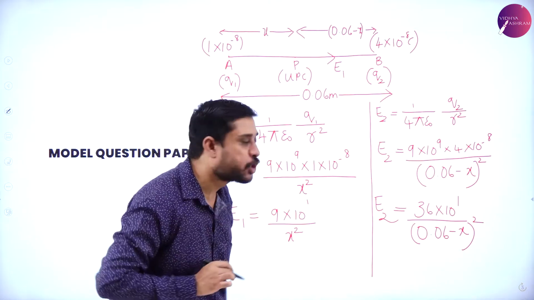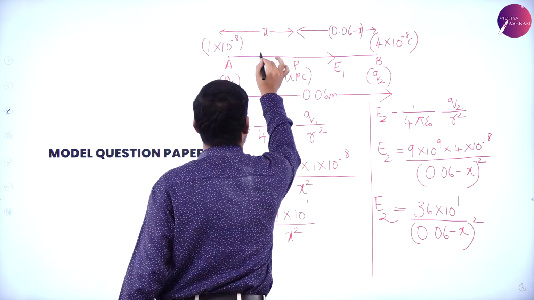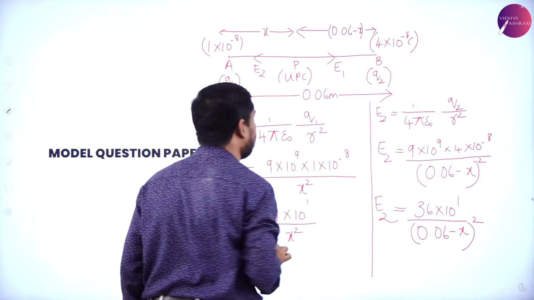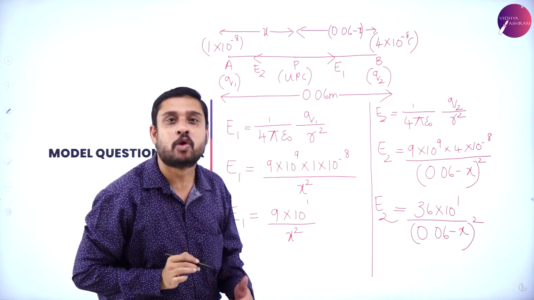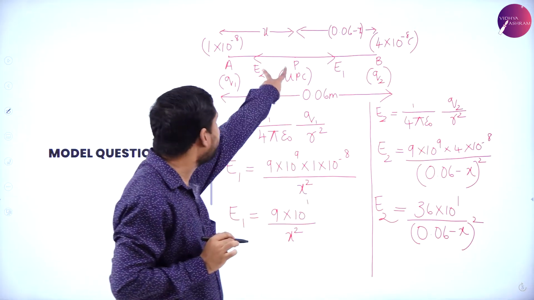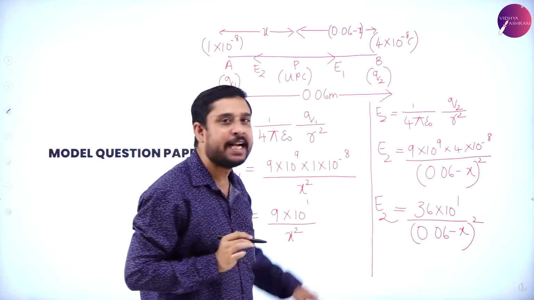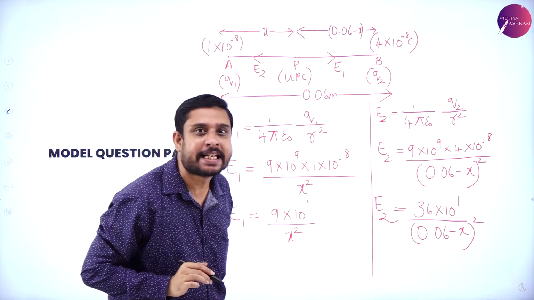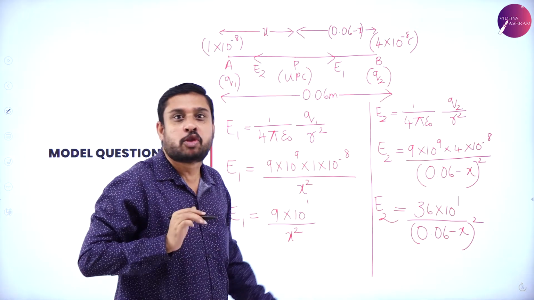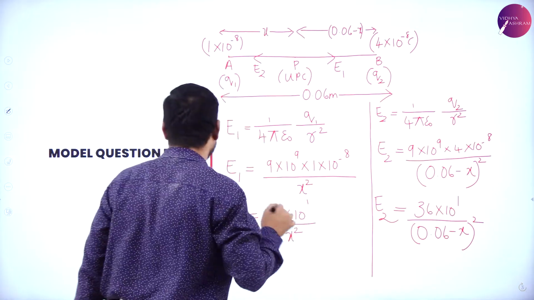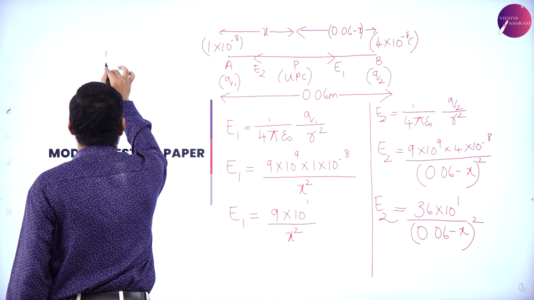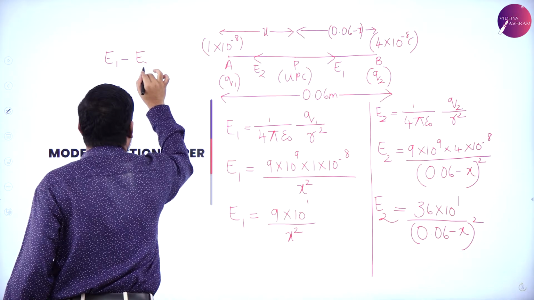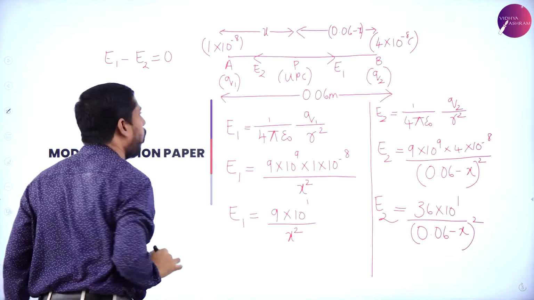What is the direction of E2 now? E2 should act again away from the UPC. Now if you observe, E1 and E2 are acting in opposite directions. So what is the resultant electric field? E1 minus E2 is 0.